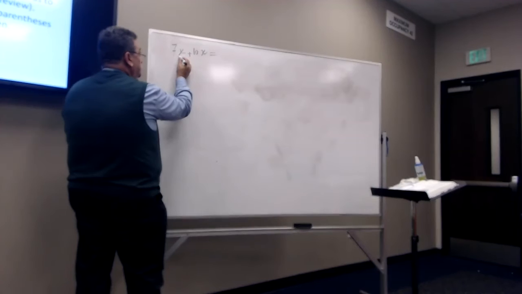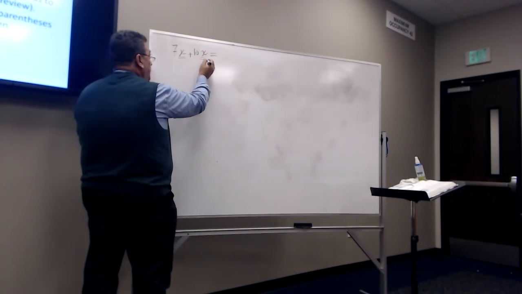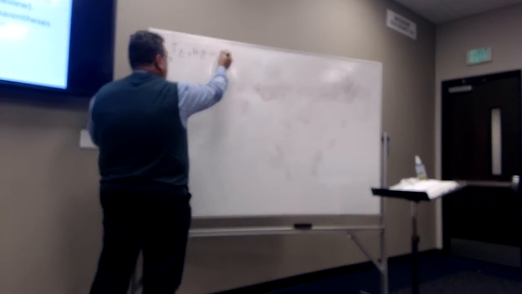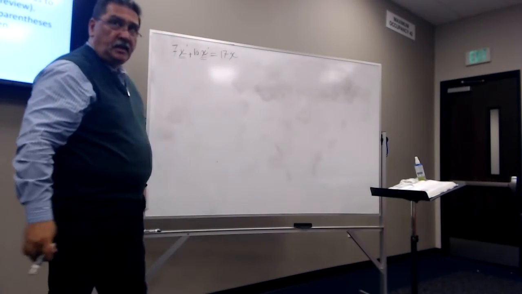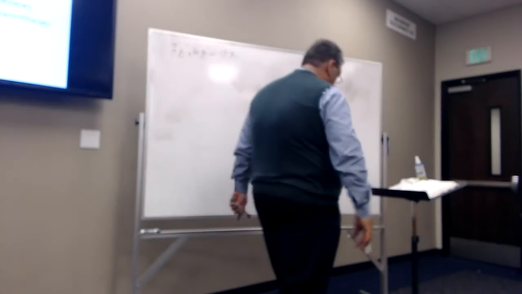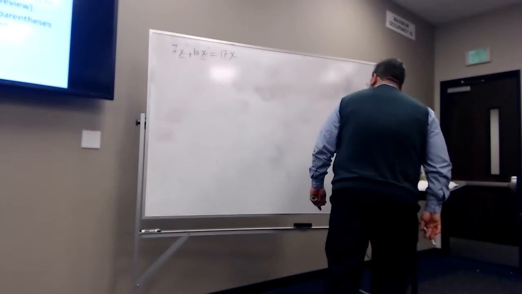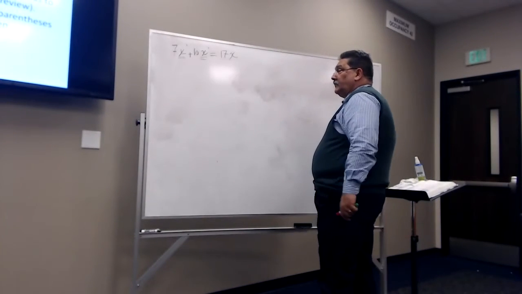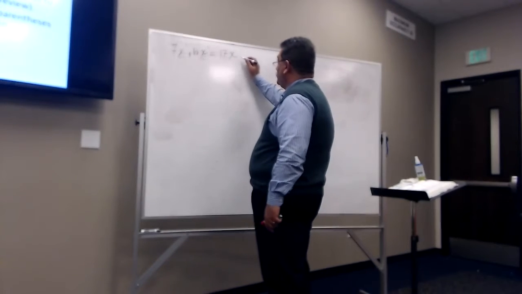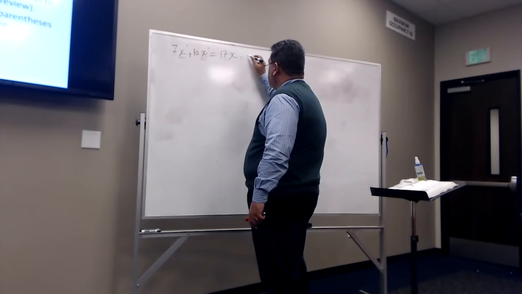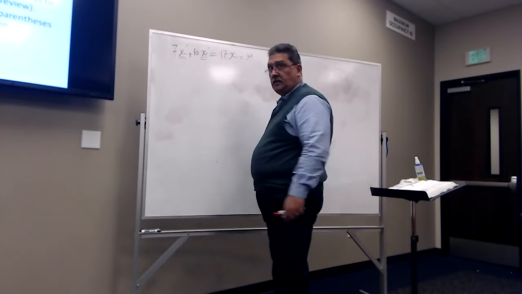Because these are like terms. Same variable, same exponent, so it becomes 17x. Simplify it. And if the question gives you a value for x, then you can plug it in and find the real number. Like if x was 2, for example, then this would become 34.